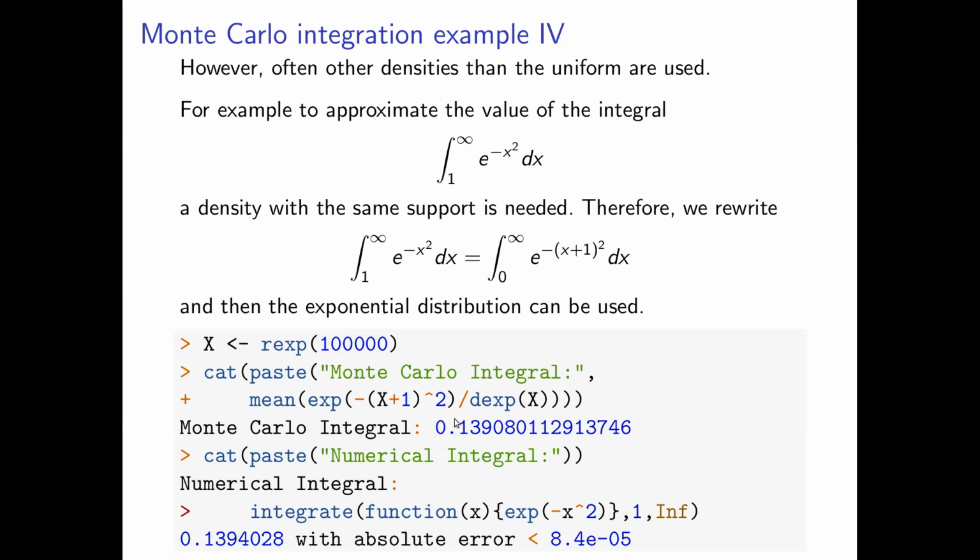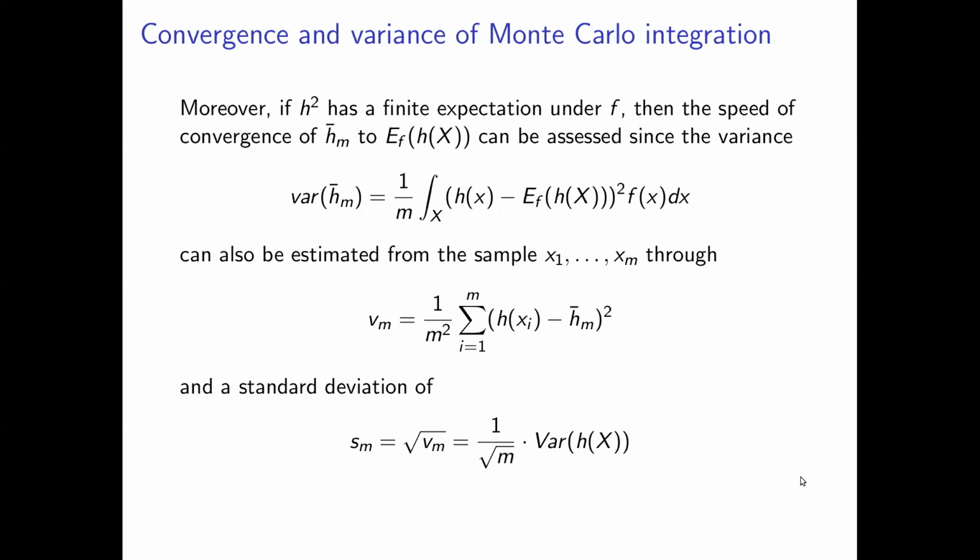As before, we divide by the density values in order to end up on the actual scale where we want to be, and therefore we end up with the Monte Carlo integral pretty close to what the geometrically based numerical integral would tell us in this case. So we see that Monte Carlo integration is working.